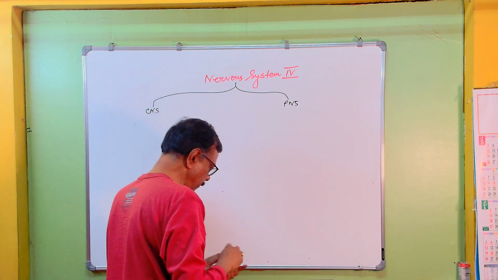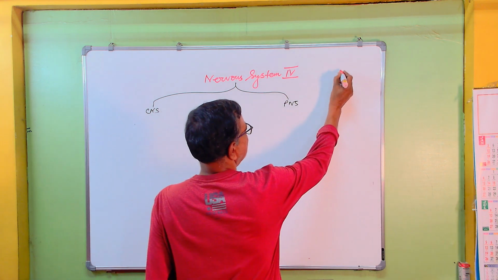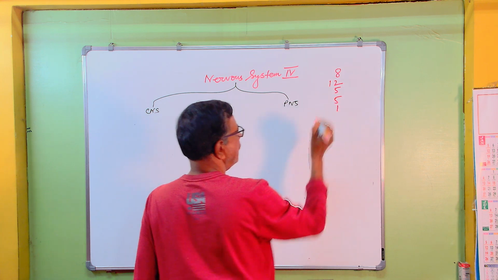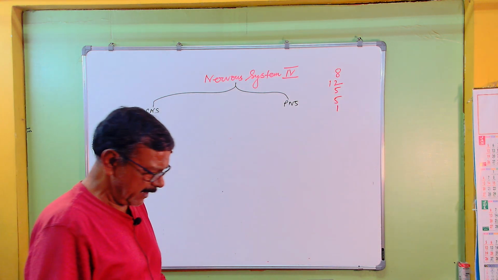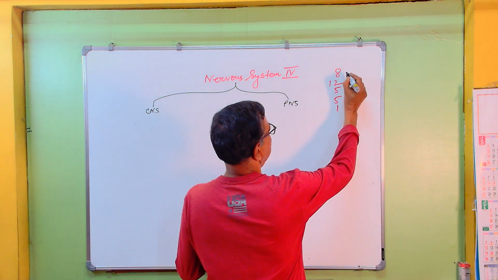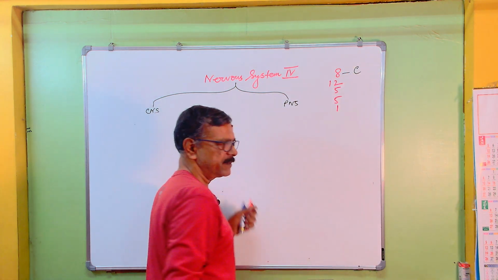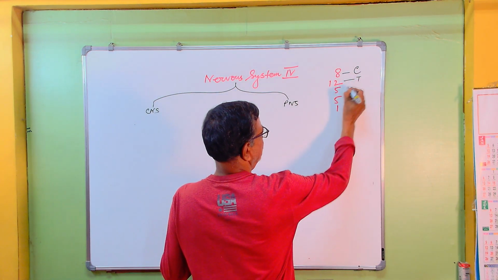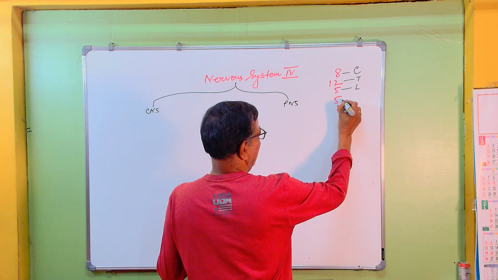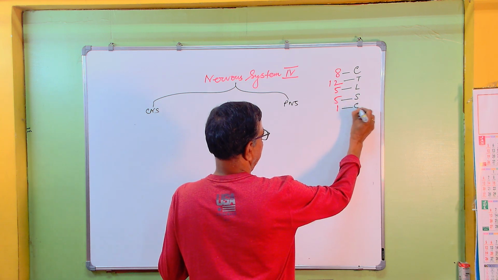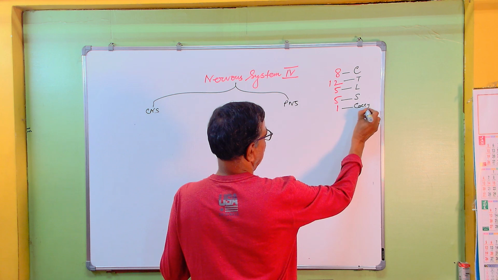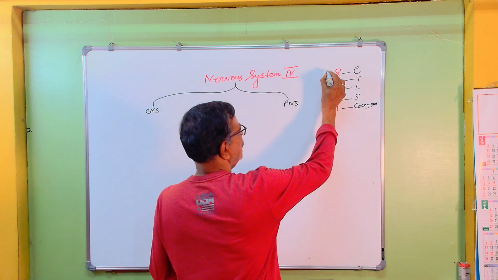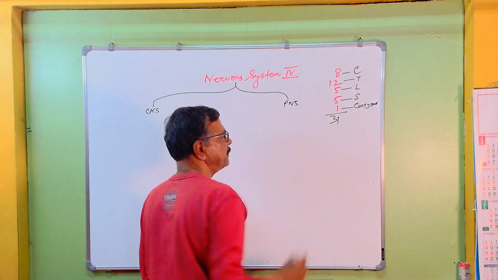This is also very simple if you remember this. There are 8 pairs of cervical nerves. There are 12 pairs of thoracic nerves, then lumbar, sacral, coccygeal. So these are 31 pairs.